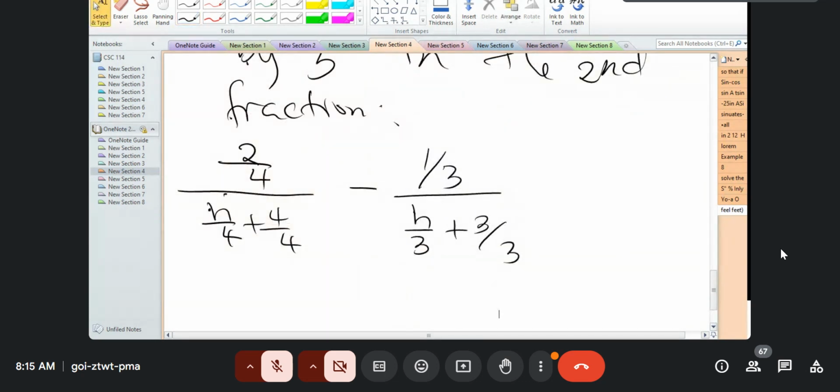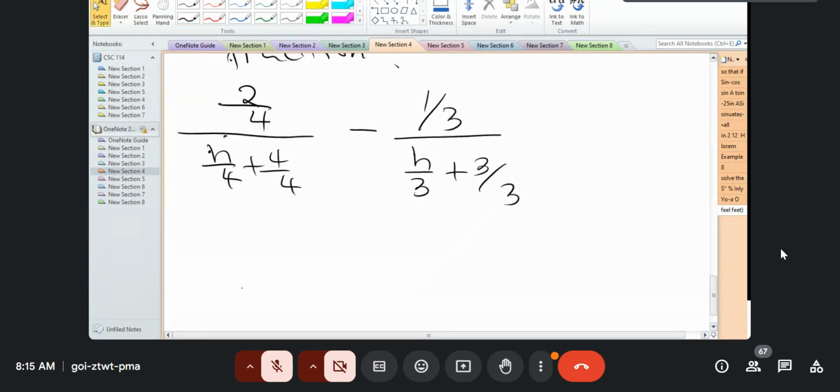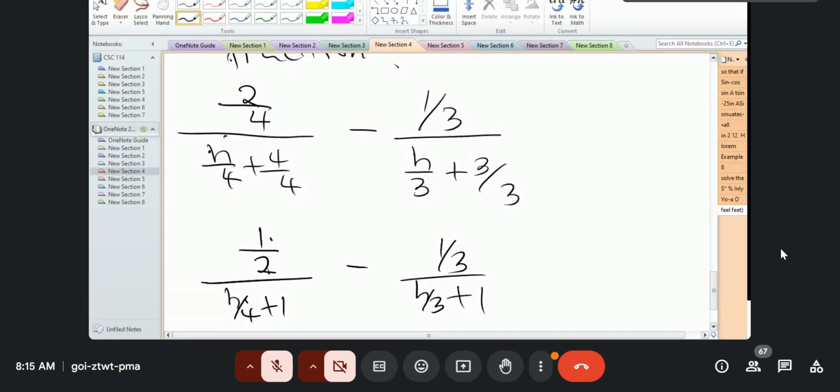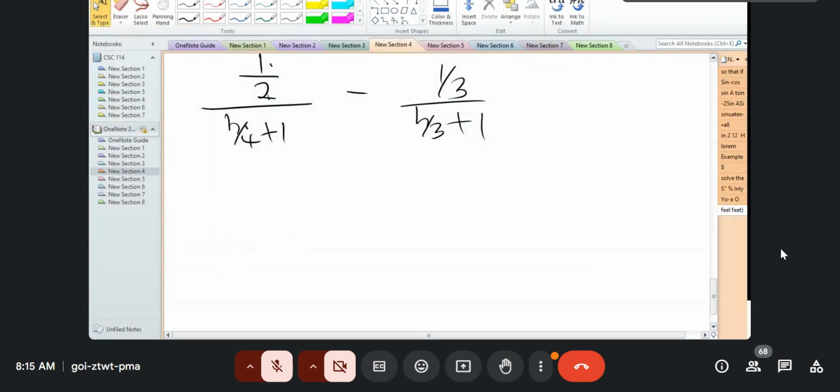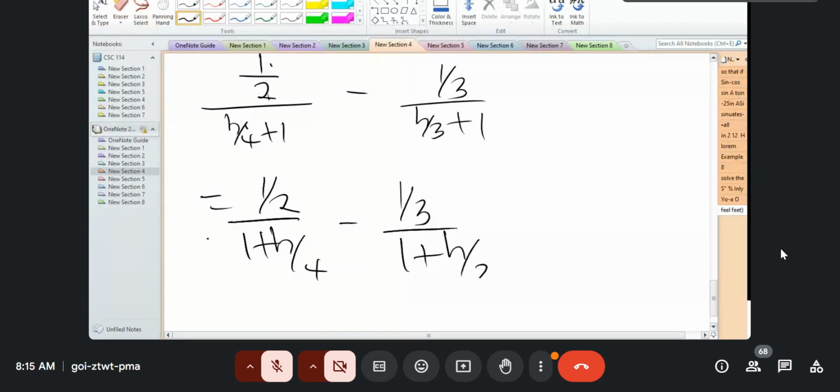If you simplify this, 2 divided by 4 becomes a half. So you have a half divided by h over 4 plus 1, minus a third divided by h over 3 plus 1. For the denominators, you can rearrange so that you start with the 1. So this is equal to a half divided by 1 plus h over 4, minus a third divided by 1 plus h over 3.